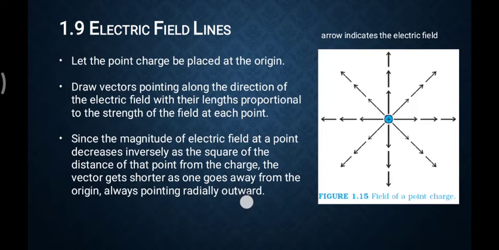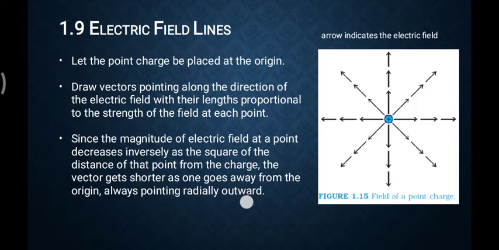So as we go away from the point charge, the electric field strength reduces. So you have to draw your vectors in a smaller size, which gives the idea about the decrease in strength. As we also know, it decreases as 1 upon r square. As r increases, you are going away from the point charge, it will obviously decrease. This is a very good thing you can understand through field lines.